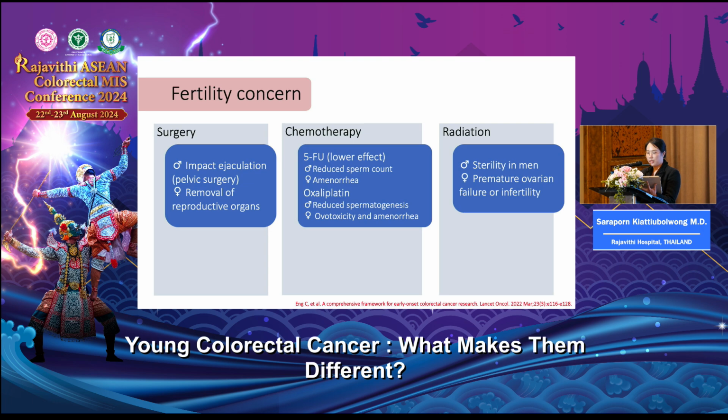And the last one is fertility concern, because fertility is a crucial topic for early onset colorectal cancer, something that really matters in this age group, maybe 30 to 40, up to 50.